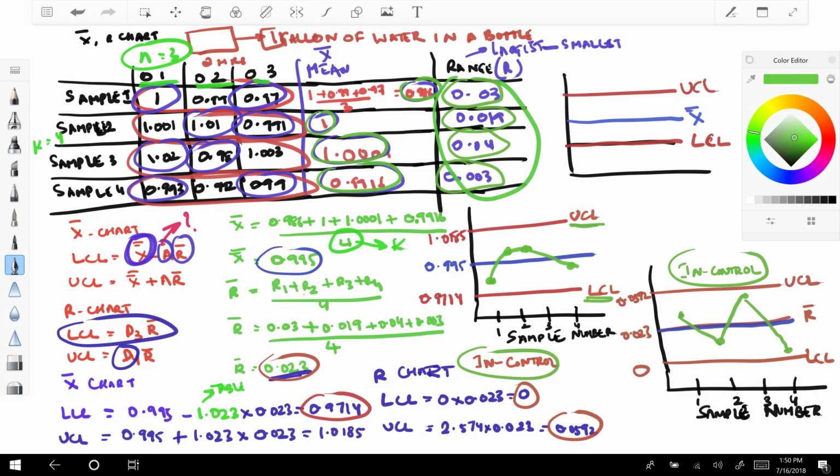Suppose you consistently find points on one side, that means your process is underestimating, so there is something wrong going on. So you have to start looking for the patterns, even though it's within the control limits. This pattern tells us there is something wrong going on in the process. So always try to look for patterns also.